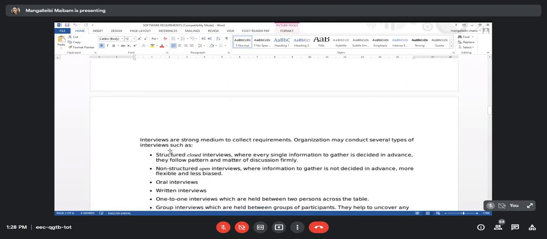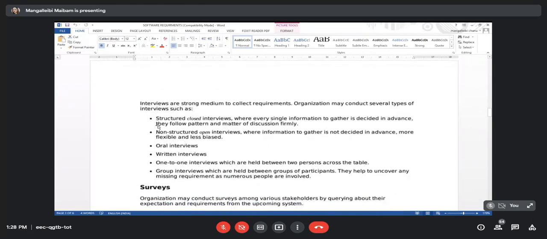So here in interviews, we have 1, 2, 3, 4, 5, 6 types of interviews. Okay, the first one is structured or closed interviews, where every single piece of information to gather is decided in advance. They follow the pattern and matter of discussion firmly.